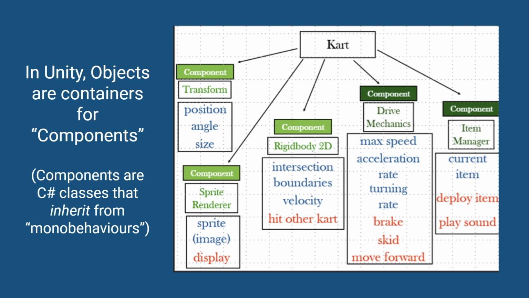So it's nice to have those functions on a standardized component called a transform. Okay, so the kart game object has on it a component called a transform. It also will have a component called a sprite renderer. And the sprite renderer will have a sprite image, and it also will have the functionality built into it to know how to display that image.